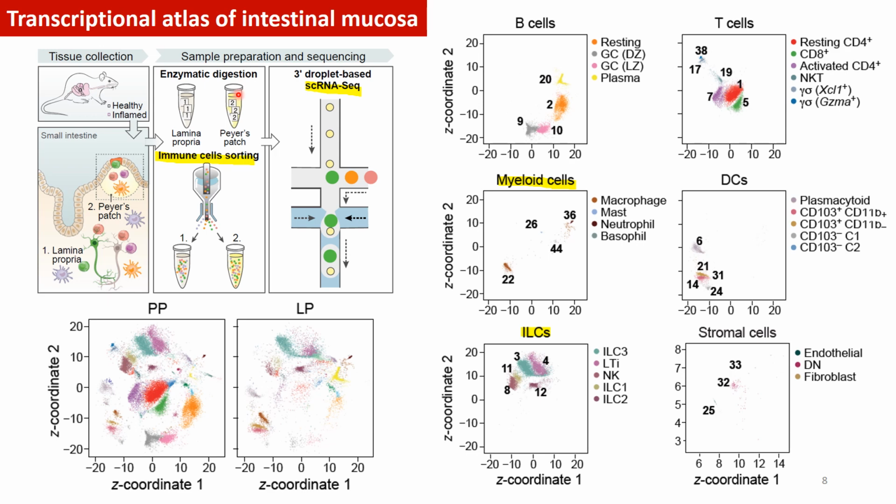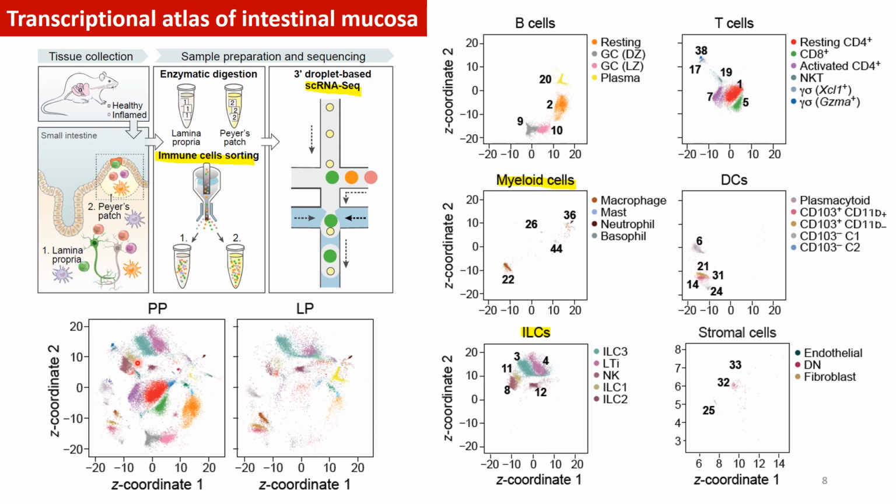The immune cells are then stained with cell type specific markers, sorted, and subjected to single-cell RNA-seq. The lower left shows the transcriptional atlas of each cell type in PP and LP. The right-hand side shows the sum of subpopulations categorized using common names like B cell, T cell, myeloid cell. There are subpopulations within.